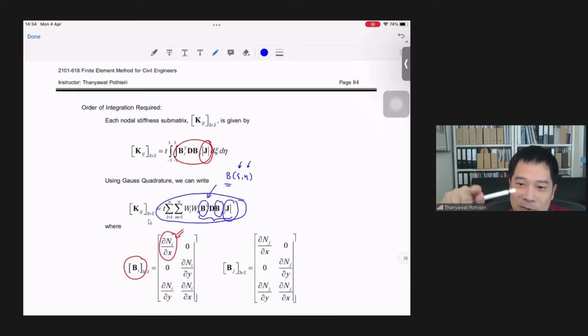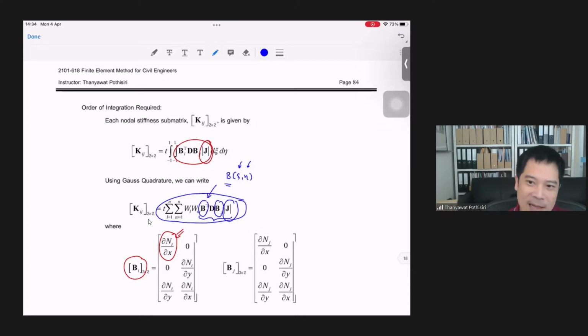And the stress comes from strain. So if you think about it, because you are evaluating everything at the sampling point, you obtain the element stiffness matrix also at the sampling point. So the strain values at the sampling points should be the most accurate value of your strain.